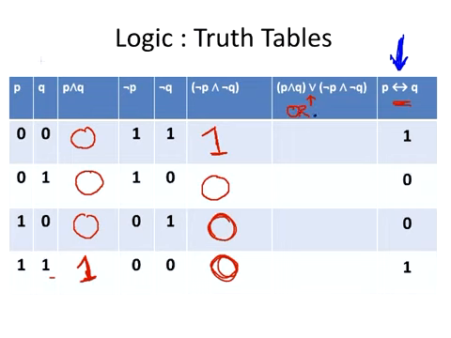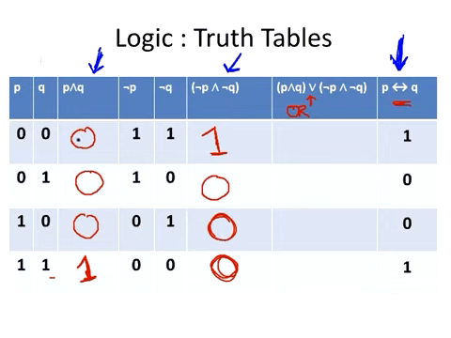Now, the next step is this union, or OR. We're going to be looking at this row, and this column, that column there, and this column here. What we're going to do is decide if we have a 1 in at least one of the respective columns.